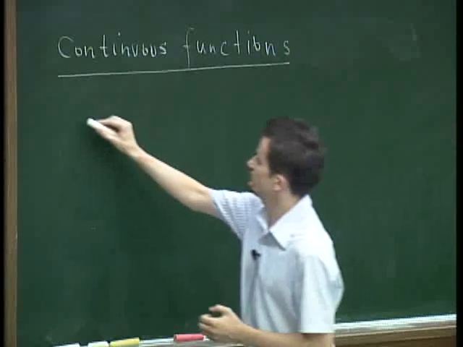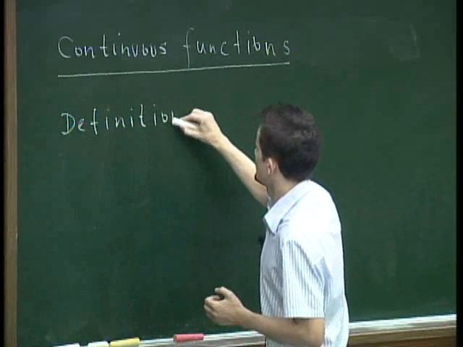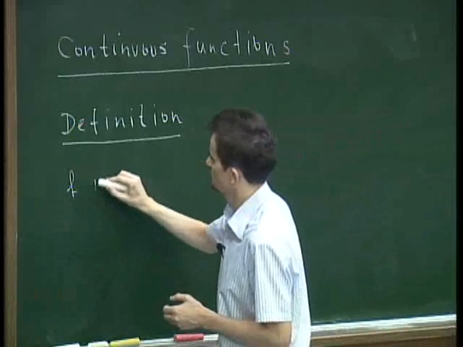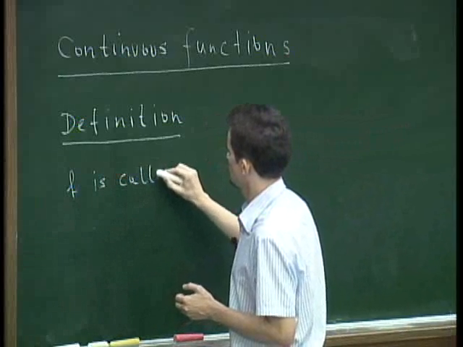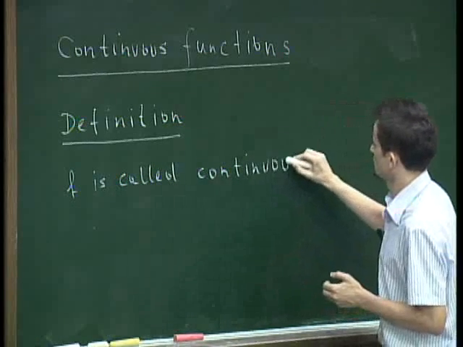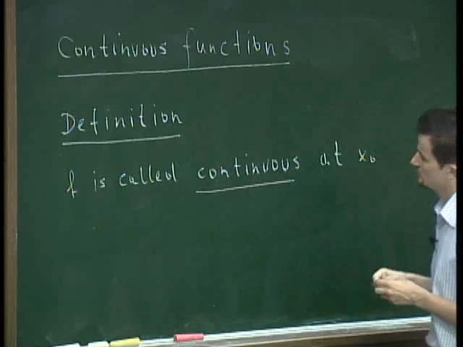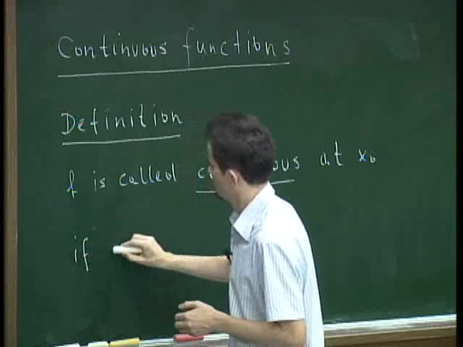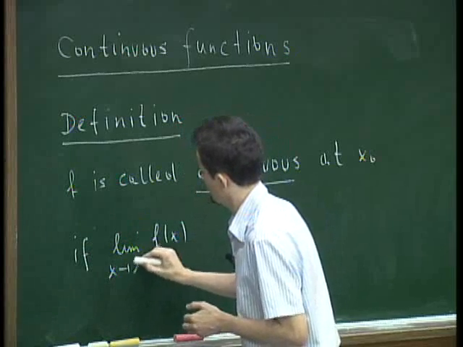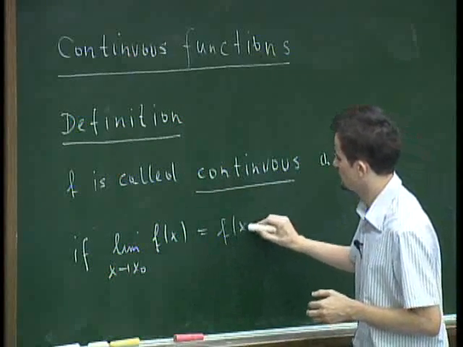I guess in high school you give the following definition. f is called continuous at some point x0 if the limit of f of x as x tends to x0 is very easy to compute, namely it is equal to f of x0.